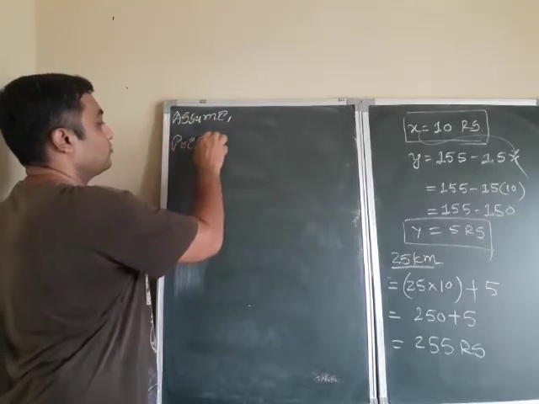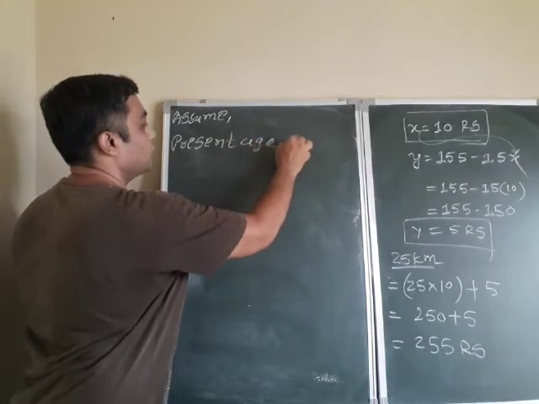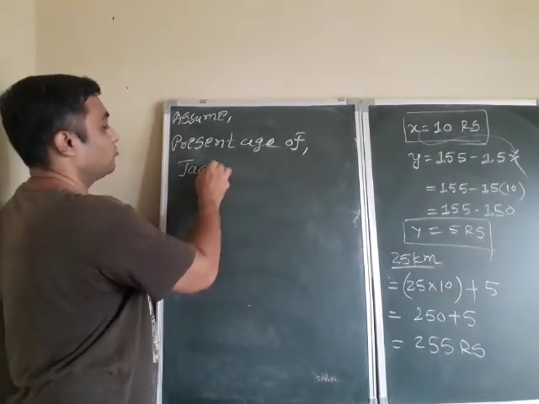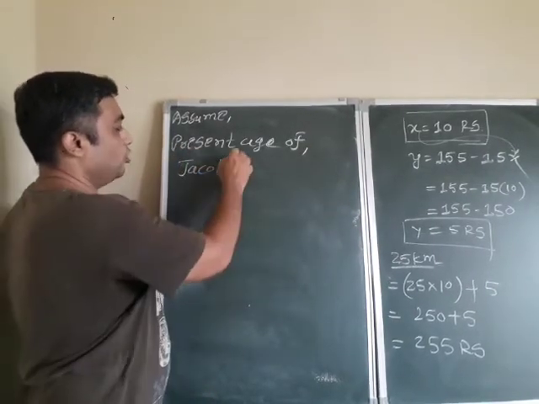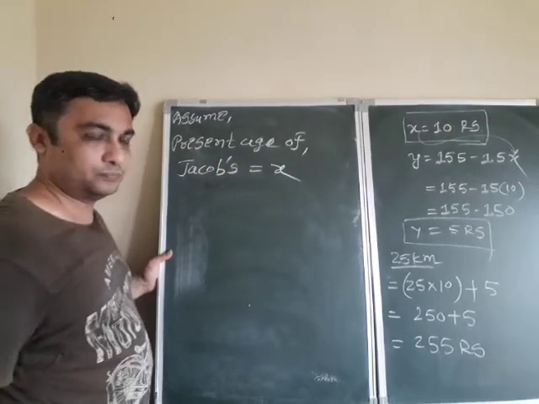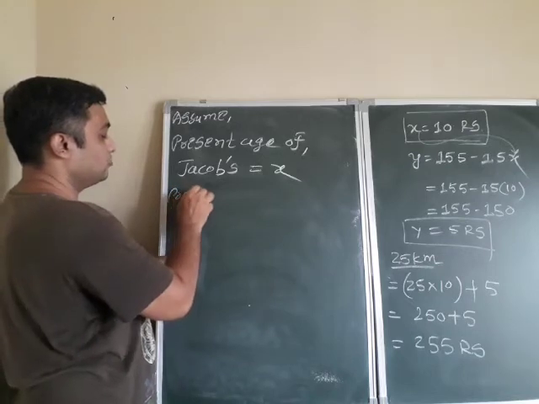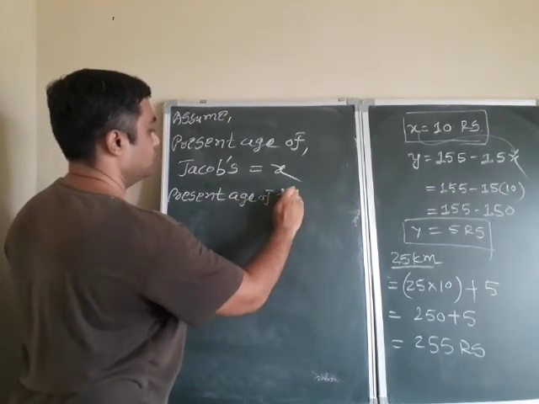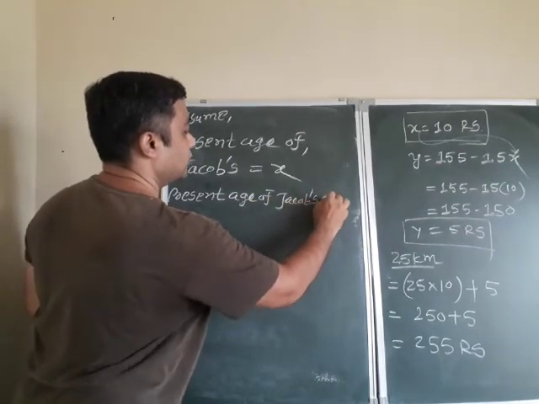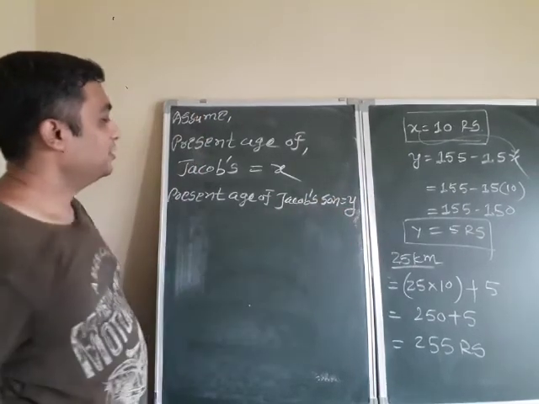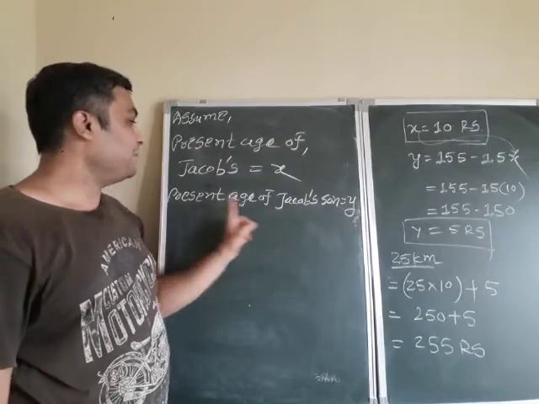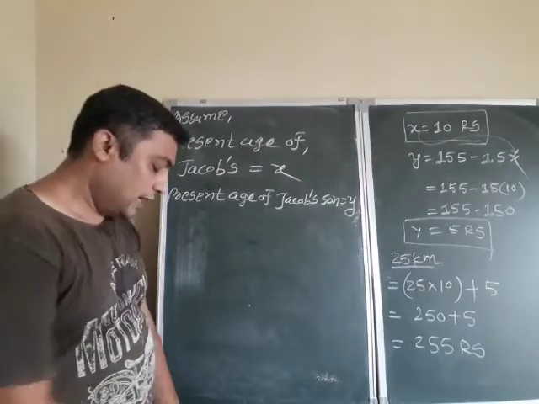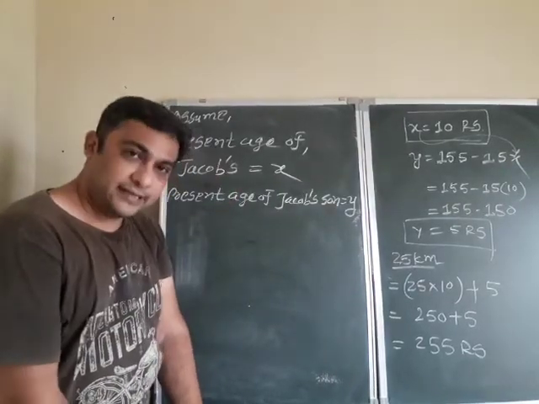Assume present age of Jacob is equal to x and present age of Jacob's son is equal to y. Okay, let's assume.